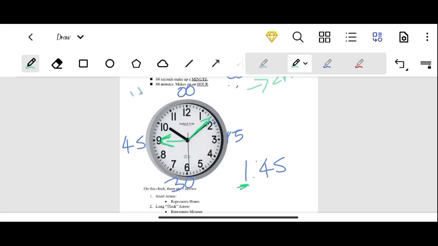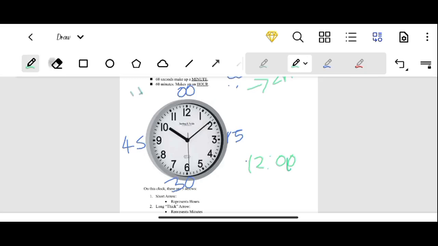Let's say we are looking at 12 o'clock. If it is 12 o'clock, the long arrow is going to point at 12, and the short arrow is pointing at 12 also. I hope this is making sense. What if it is quarter past?